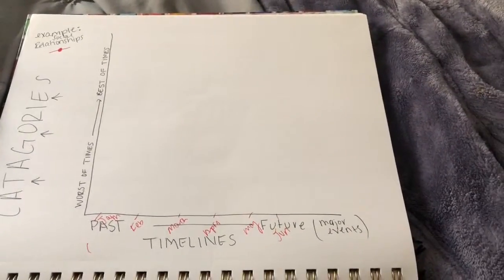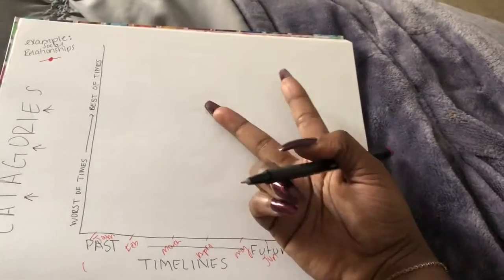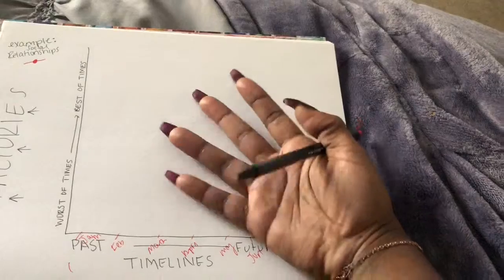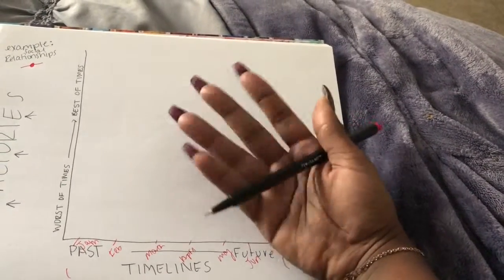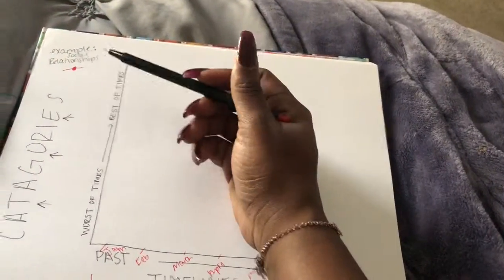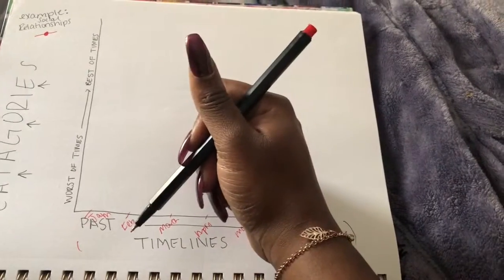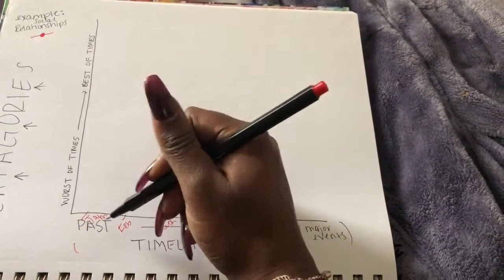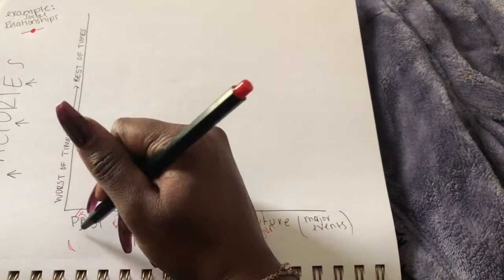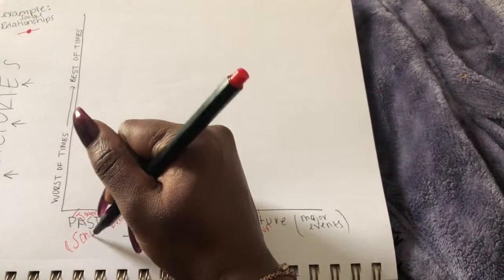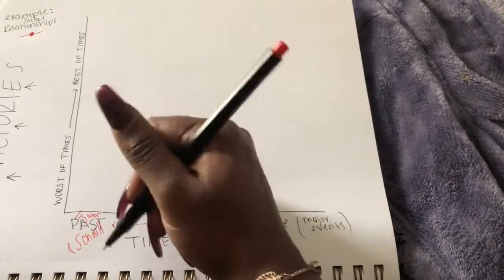Something that could help is going through your Instagram, your Snapchat stories, and stuff to help you remember what that time was like, and the theme of that time. You're going to be answering questions from the categories, which we haven't got to yet. So let's say for January, that was when I started school. So I'll put school.